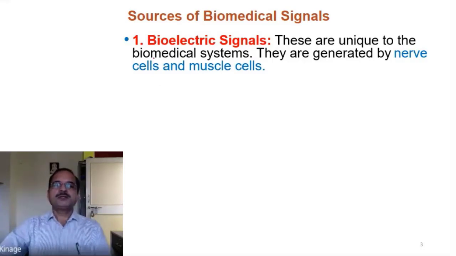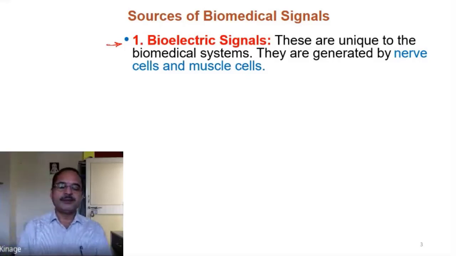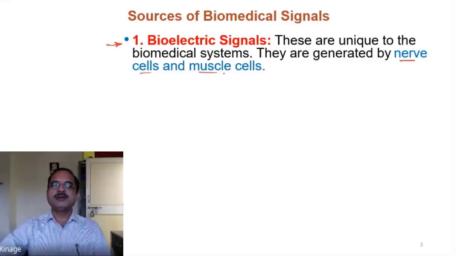The first very important biomedical signal is the bioelectric signal. These are the electric signals generated by the biological systems in our body, for example nerve cells related to the nervous system, or muscle cells related to our muscles.